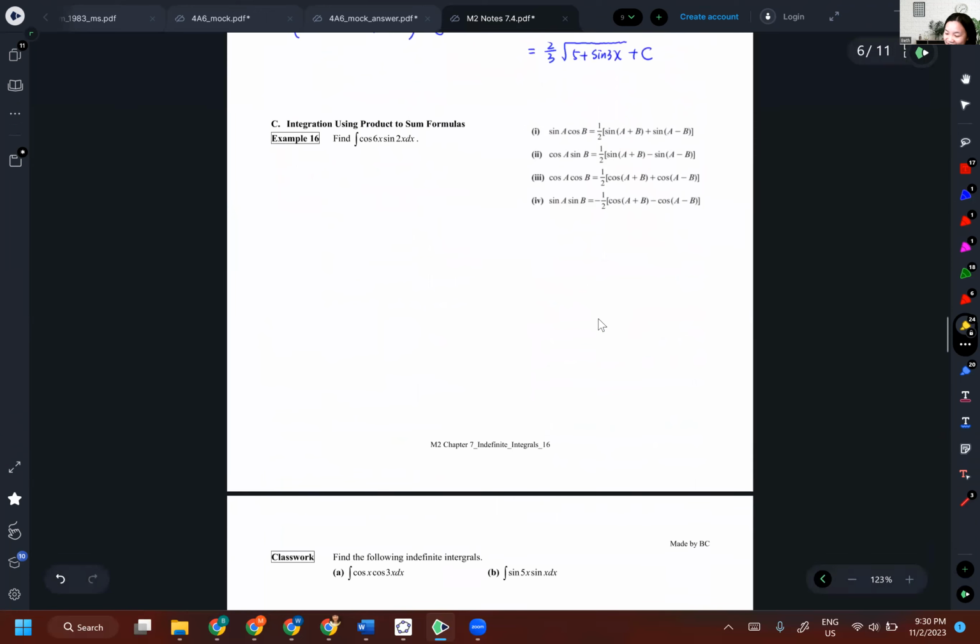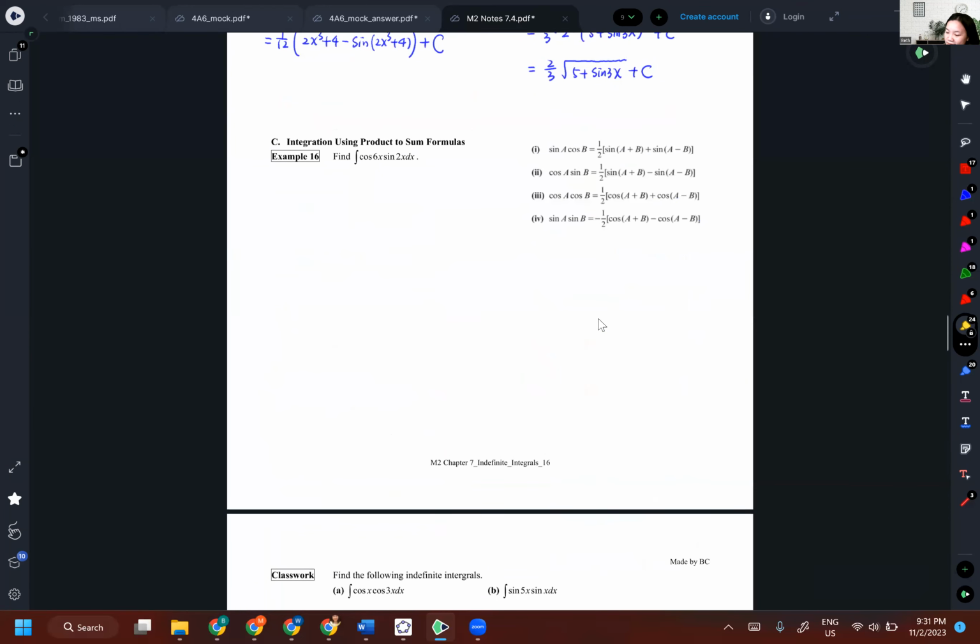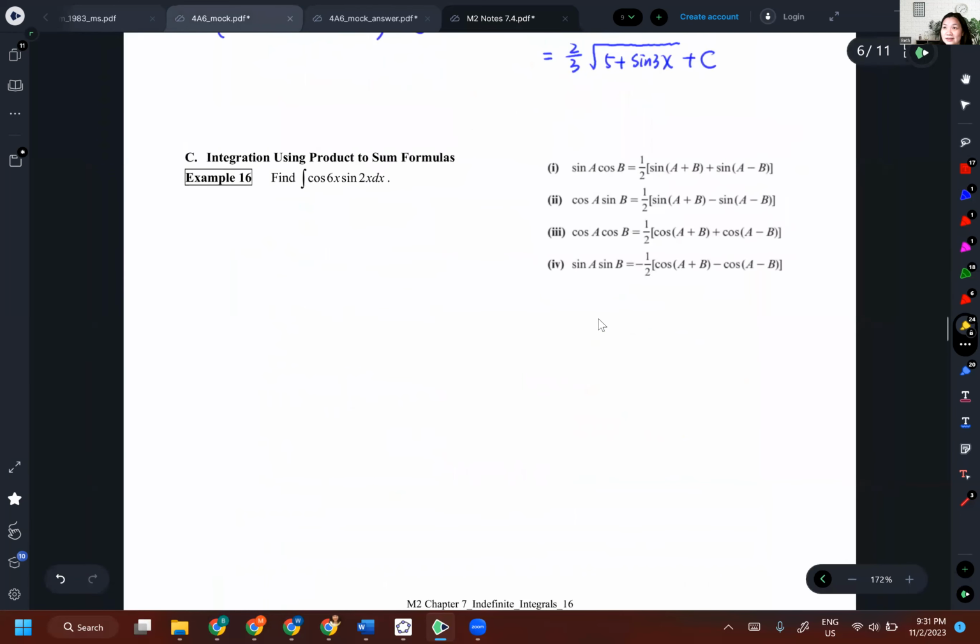Now sometimes when the function is not difficult, but the angle is difficult, like you can see, there's 6x, the angle is huge, and the other angle is big, then the identities should be applied. This is more identity than integration. 5 minutes break. We'll come back in 5 minutes at 21:26.